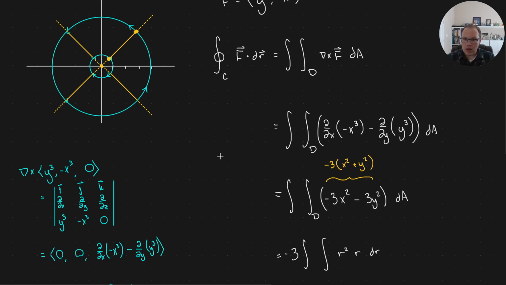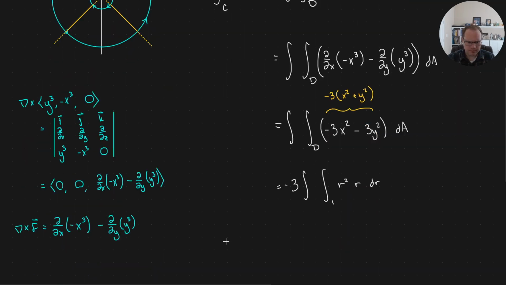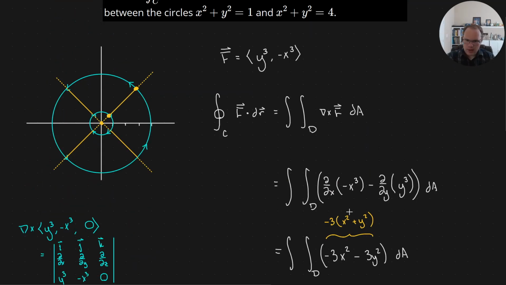Okay. So it will start when r is equal to 1 and end when the radius is equal to, you know what, I'm just realizing I drew it wrong. This is the radius squared, right? So the radius should be equal to 2. Okay, not 4. So radius from 1 to 2. You understand what I mean, right? Just mentally correct the image in your head.